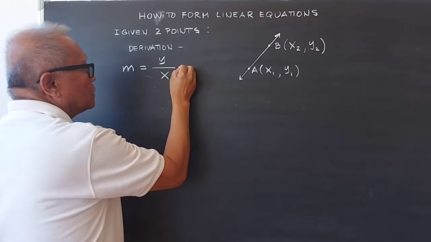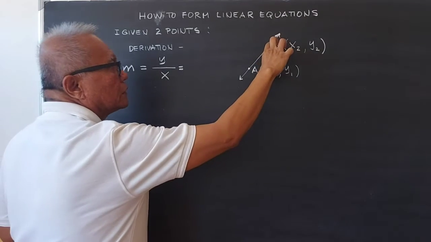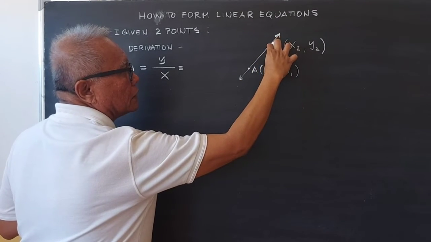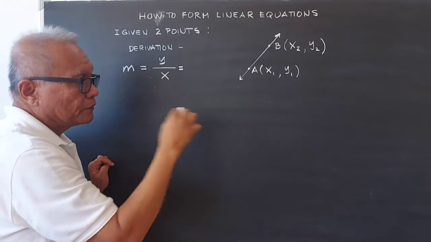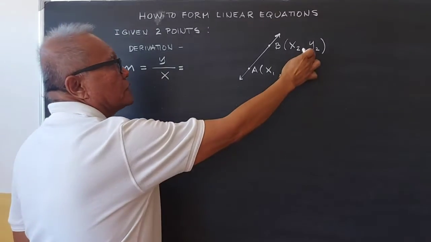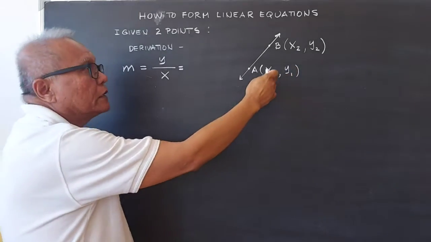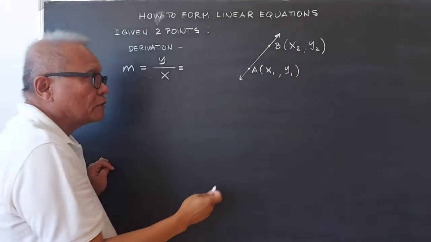To find these, because it will form a triangle, we will subtract y sub 2 minus y sub 1, and then x sub 2 minus x sub 1.